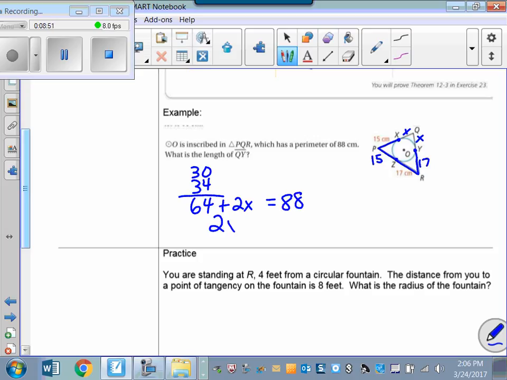So 2x is going to be 88 minus 64, which is 24. Therefore, x, which is QY, which is what they're asking me for, is going to have to be 12. Right? I lost my place, but I believe that's correct.